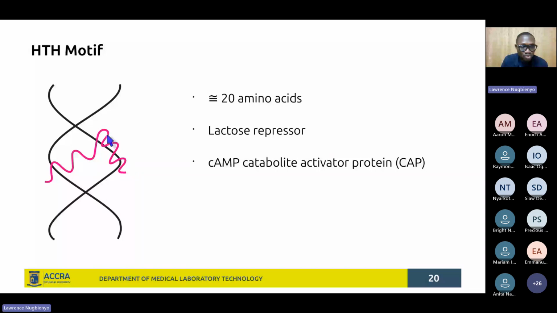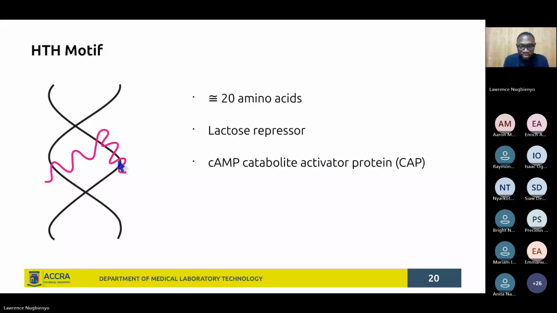After that loop, you have another helix structure. So it's referred to as helix-turn-helix. Actually, the protein, the repressor, the inhibitor, which is produced from the Lac Operon, which goes to bind to the operator region of the Lac Operon, has this helix-turn-helix motif.